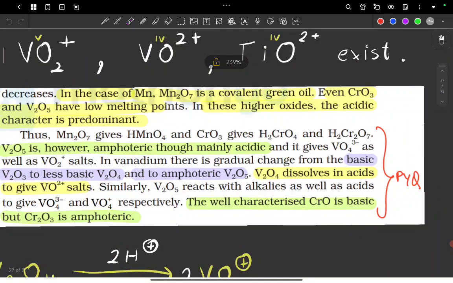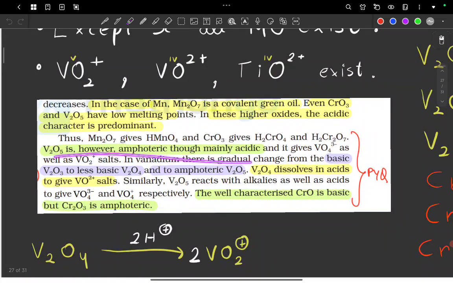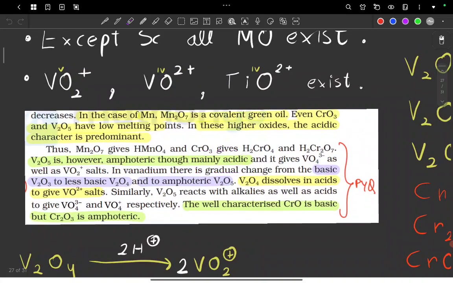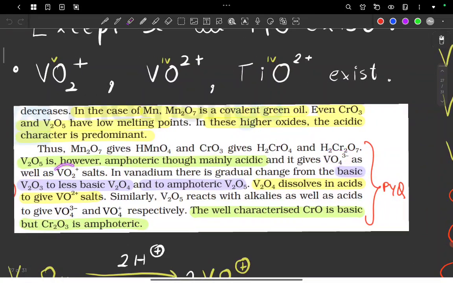And CrO3, which is the sixth oxidation state of chromium, dissolves in water to give H2CrO4 and H2Cr2O7, both of which are decent acids. Okay, but V2O5 is amphoteric, although it is mainly acidic, and it dissolves to give VO4 3- as well as VO2+ salts.